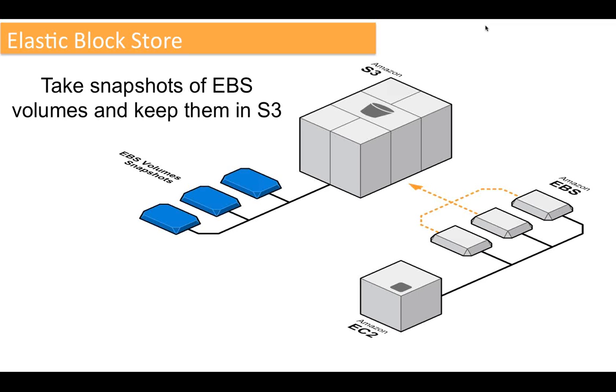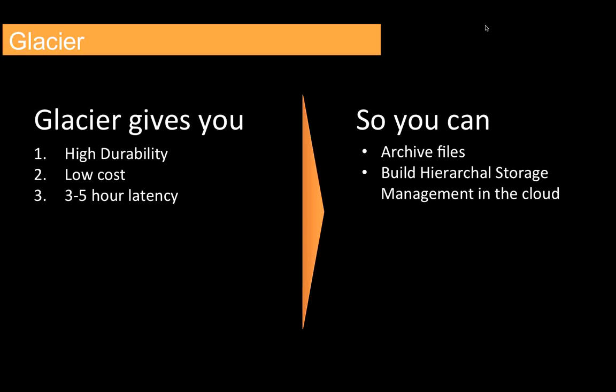And finally, Amazon Glacier. Amazon Glacier provides you with a very durable and very low cost storage environment. So for example, in US East, the price is 1 cent per gig per month, which is very cost effective for storing data that is again replicated multiple times around the region.